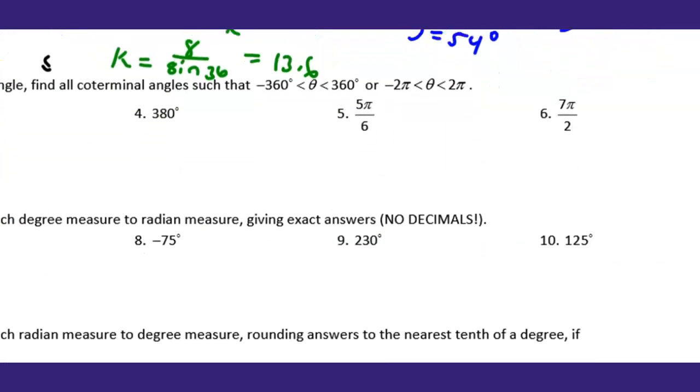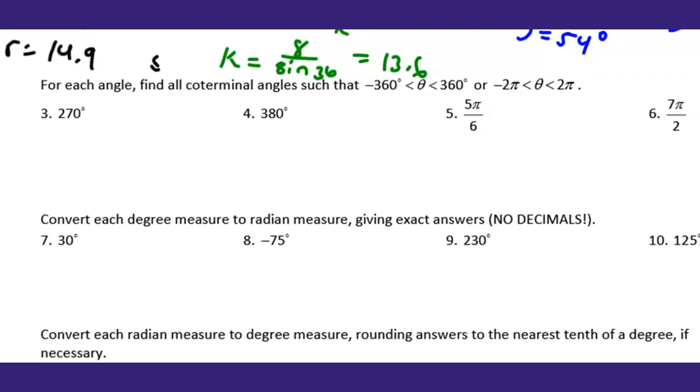For number 3, it says for each angle, find a coterminal angle such that negative 360 is less than theta, which is less than 360, or negative 2 pi is less than theta, which is less than 2 pi. So for 270, we have to find a coterminal angle. We're going to do 270 plus 360, and 270 minus 360.